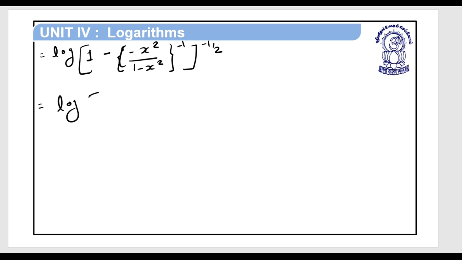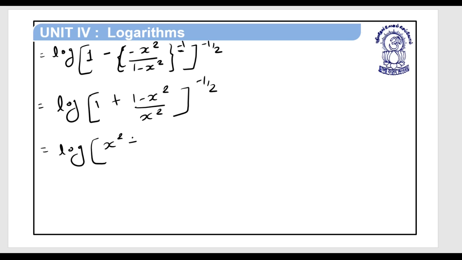Log 1 minus, minus plus minus, 1 raised to minus 1 is here, so we can write 1 minus x square by x square, minus 1 by 2. Log x square plus 1 minus x square by x square raised to minus 1 by 2. X square minus x square and minus x square cancel.